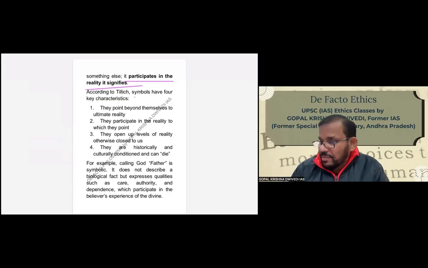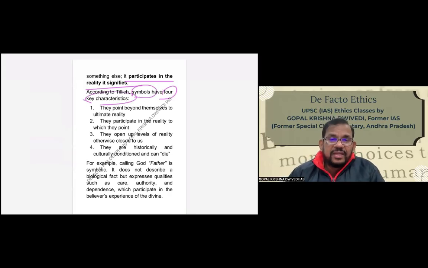So, for him, symbols have four characteristics. What are they? They point beyond themselves to ultimate reality. They participate in the reality to which they point. They open up levels of reality otherwise closed to us. They are historically and culturally conditioned and can die. So these four qualities of symbols he has described.